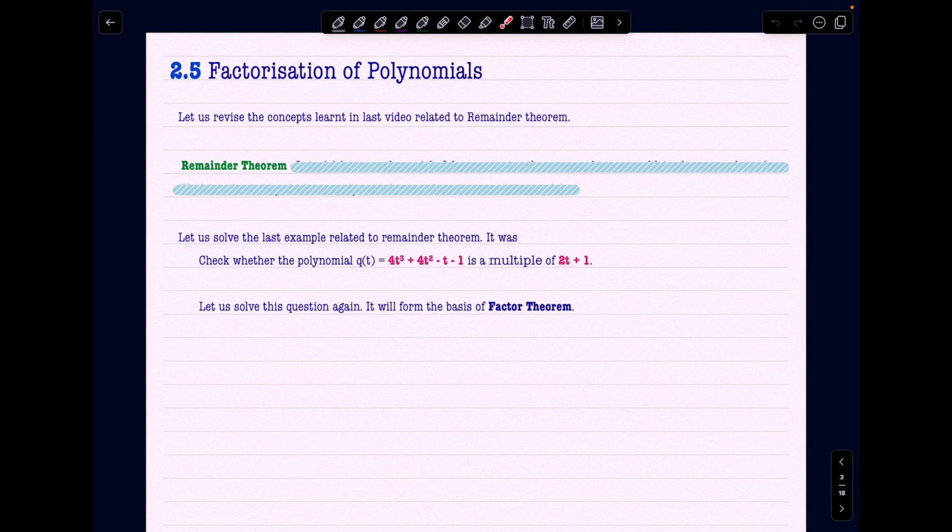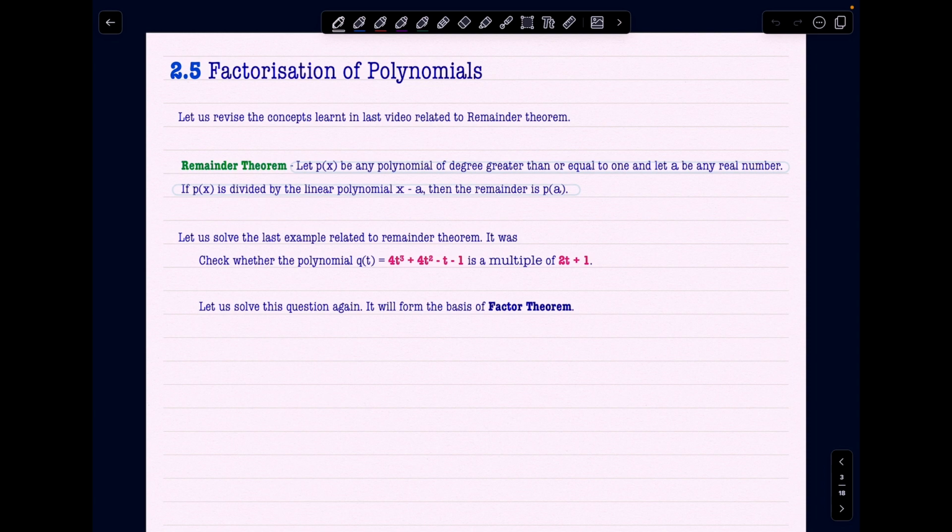So what is the remainder theorem? Yesterday I told you, if p(x) is a polynomial of degree greater than or equal to 1 and a is any real number, then if p(x) is divided by the linear polynomial x minus a, the remainder is p(a).